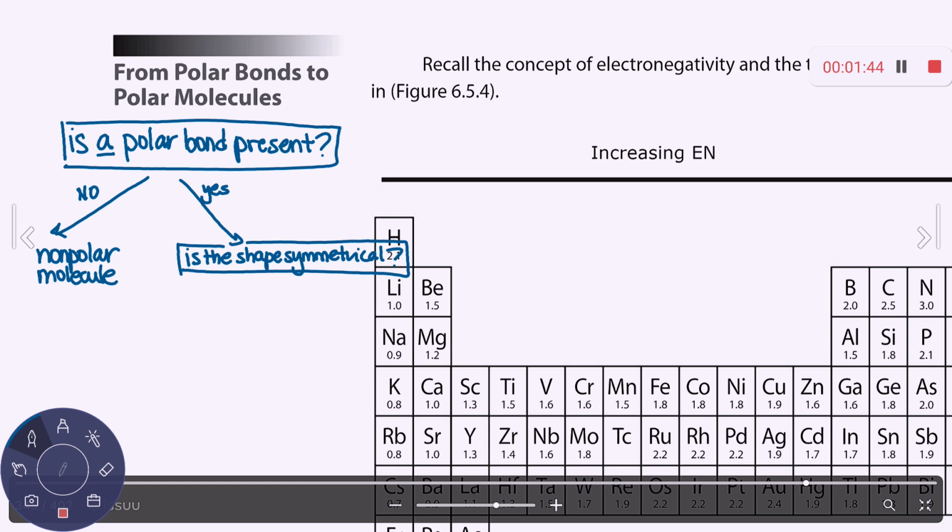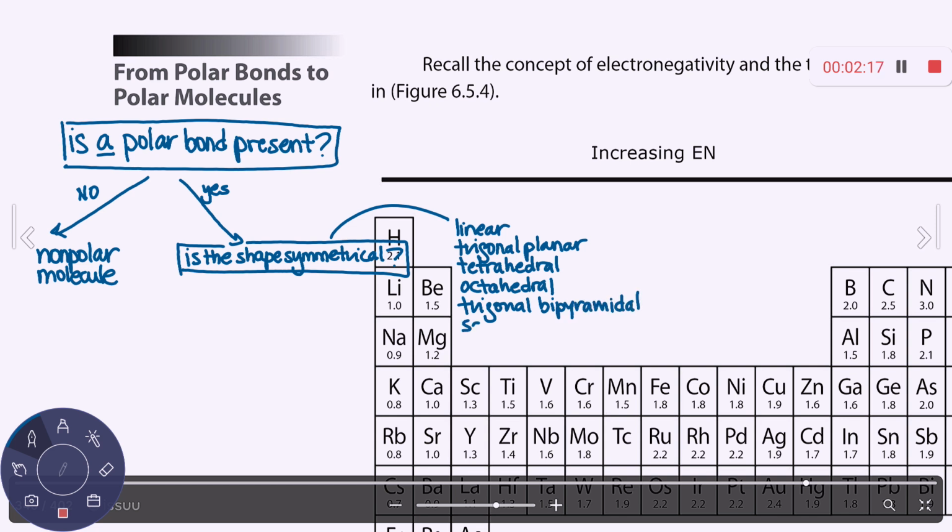So you're looking to see if it's linear, trigonal planar, tetrahedral, octahedral, trigonal bipyramidal, and square planar. Okay.